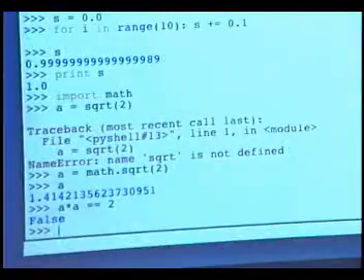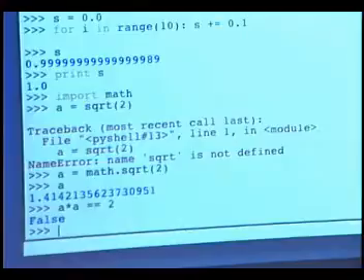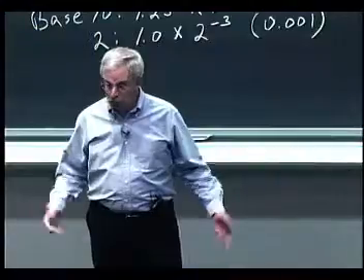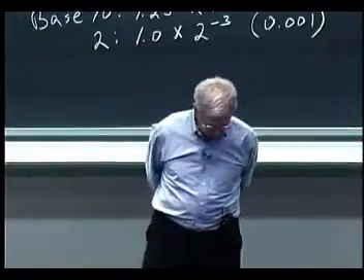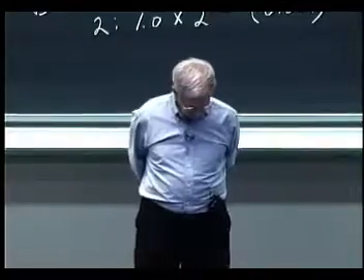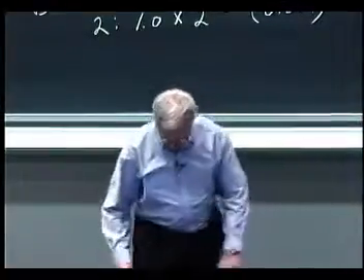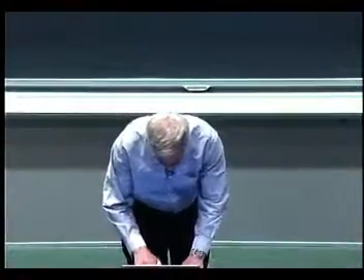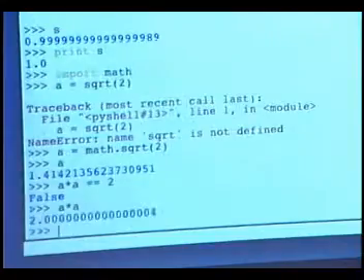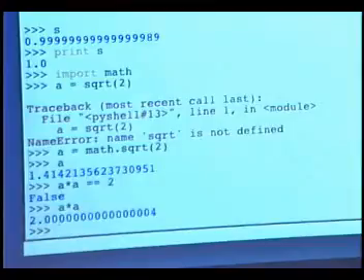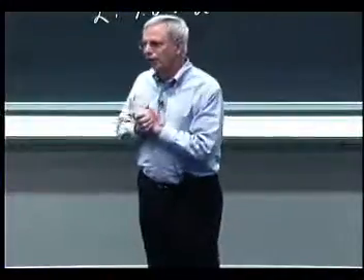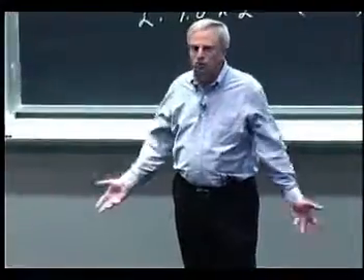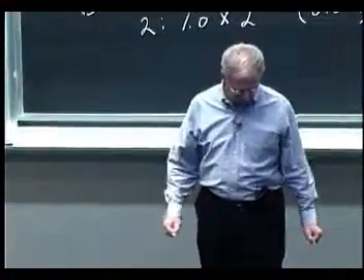But by now, you won't be surprised that the answer is false, because what we've stored is only an approximation to the square root. And that's kind of interesting. We can see that if I look at a times a, I'll get 2 point, a whole bunch of zeros, and then a 4 at the end. So if I've got a test in my program, it will give me the unexpected answer false.